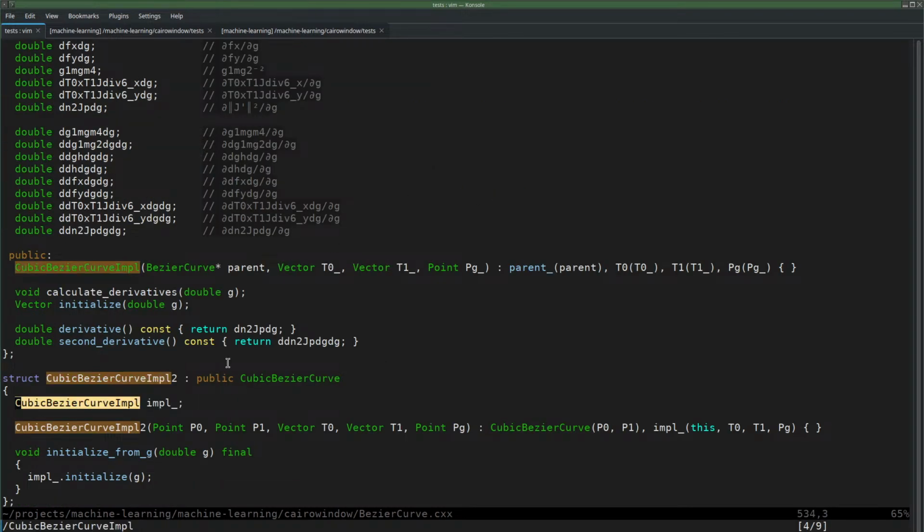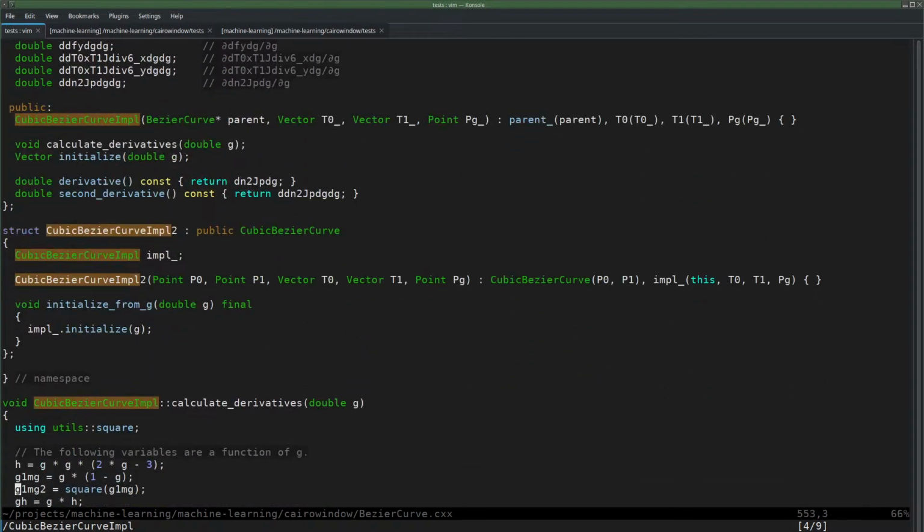We have an impl here. So you can call initialize from G on this one, and then get the derivative from this one.